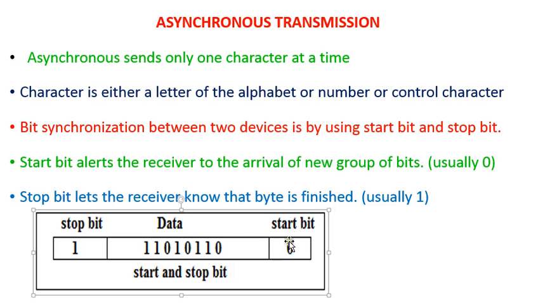When the receiver sees this 0, it knows that data is coming. Then after the 0, these bits will be received and grouped as 1 byte or 1 character. After them, the sender will send this 1 to tell the receiver that yes, the data has been transmitted completely and you should stop.